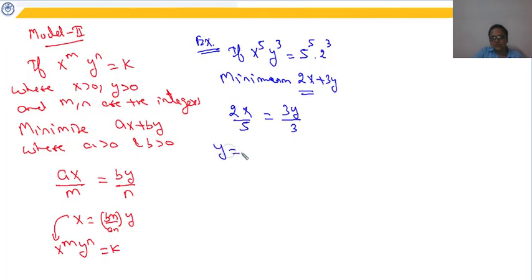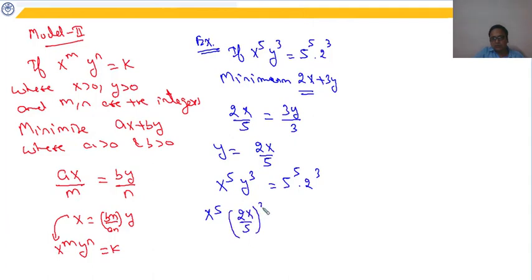So I simply get y is equal to 2x by 5. Just put this value of y in the given equation. It says x to the power 5 into y cube is equal to 5 to the power 5 into 2 cube. So I put the value of y, it becomes x to the power 5 into 2x by 5 whole cube is equal to 5 to the power 5 into 2 cube.